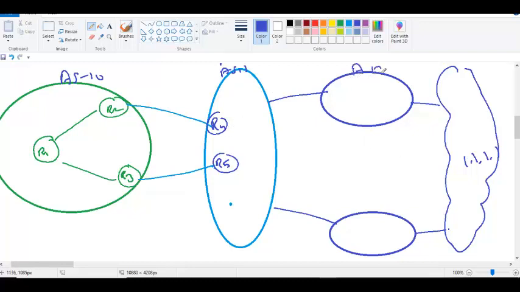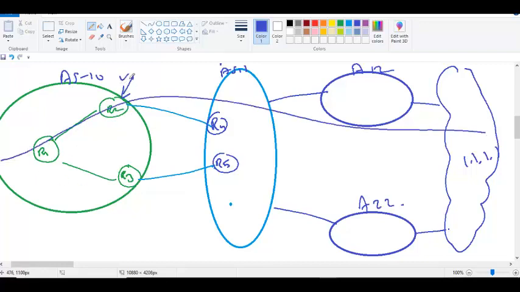But it is not going that way. What may be the reason? When you set local preference on one router, let's say 200, the default local preference is 100. Forget about weight; local preference is another attribute.